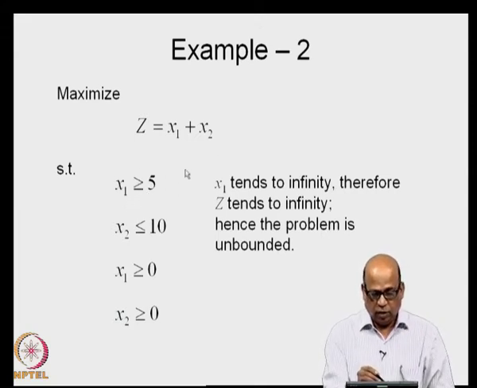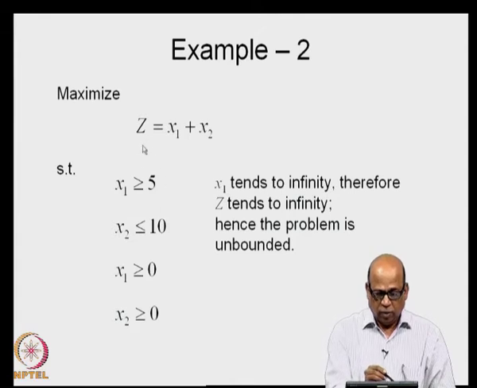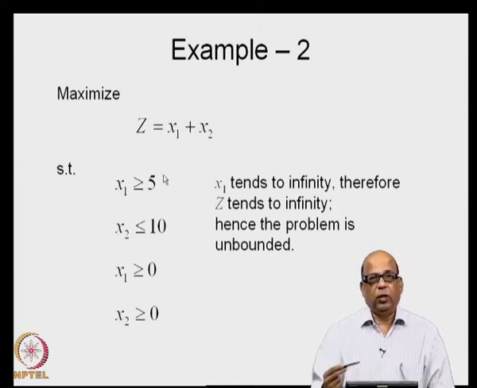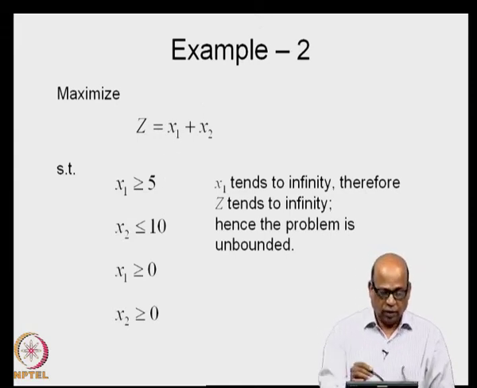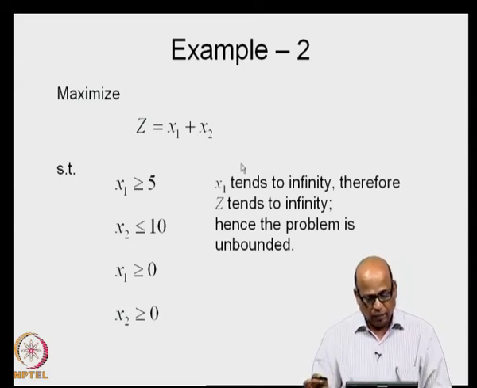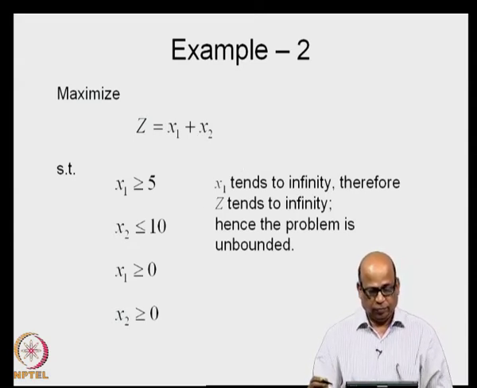You can keep on increasing x1, and you would like to do that because as you increase x1, your z will keep on increasing, and this is a maximization problem. Therefore, you would like to increase x1 as much as possible, starting from 5. There is no upper bound on x1. So, you keep on increasing x1 up to infinity without violating any constraint, and therefore, this is obviously an unbounded problem.